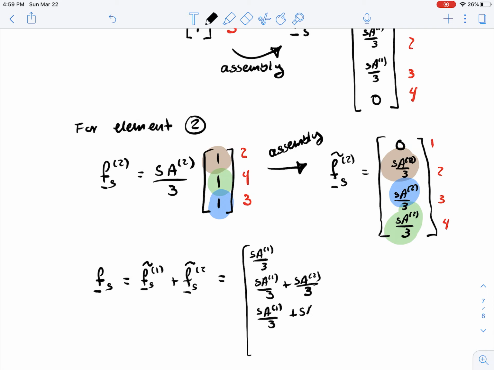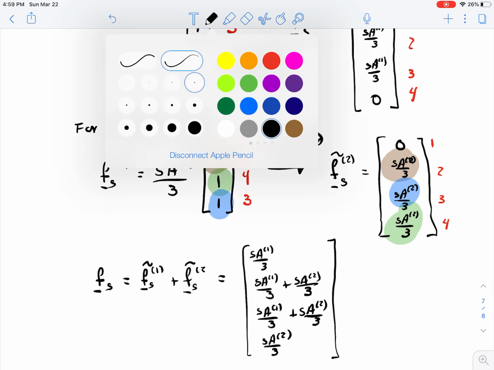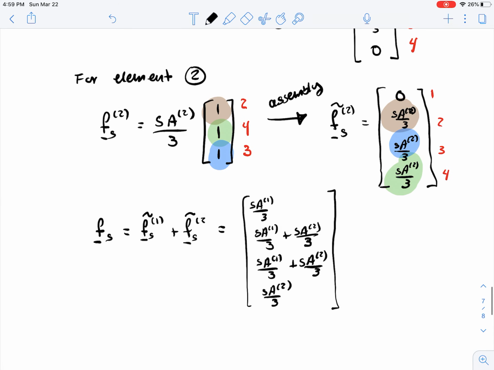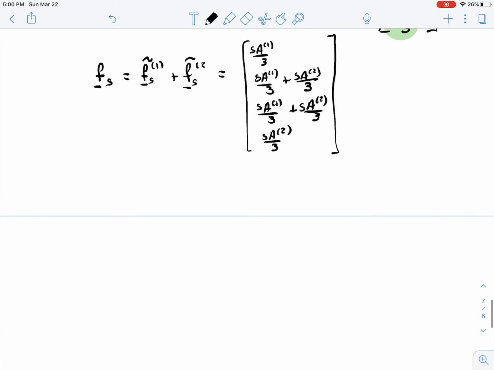Here again SA1 over 3 plus SA2 over 3, and here just SA2 over 3. So that is my global force vector corresponding to the source term. We're almost there. The one that we are missing is the force vector due to the external fluxes.